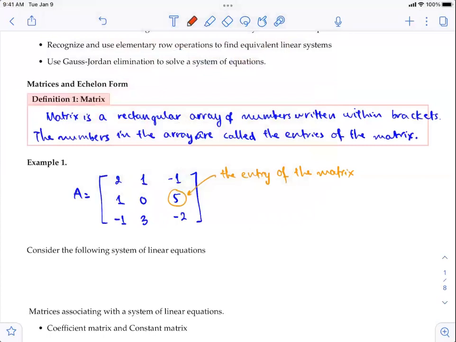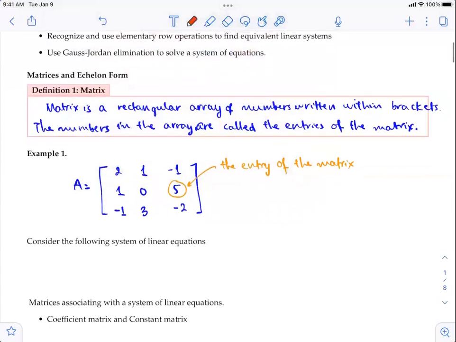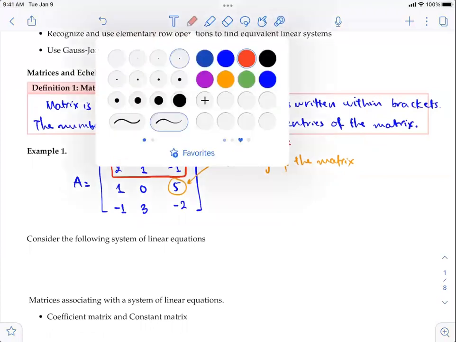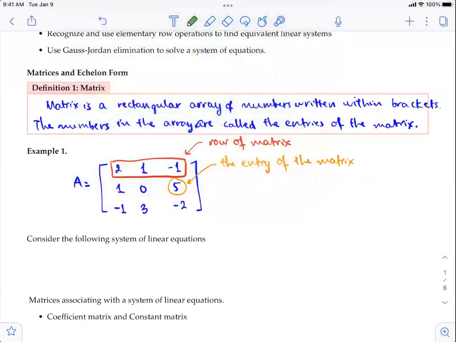These are all the definitions you might want to know at this point. The entries combined along a horizontal line make up a row of the matrix. The entries combined along a vertical line make up a column of the matrix.